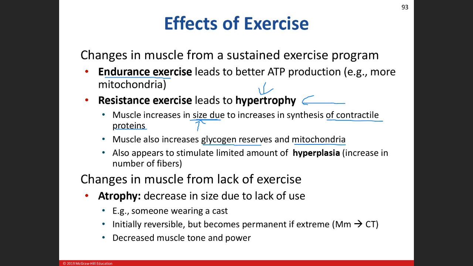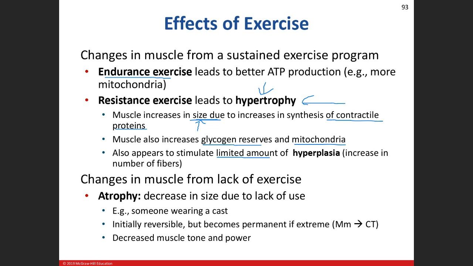Okay? But in very limited situations and in very limited amounts, it will undergo hyperplasia. Like if you're taking a needle and sticking it into your butt. Steroids. Okay? That can cause hyperplasia. But you can also do it naturally. But most likely, skeletal muscle undergoes hypertrophy.